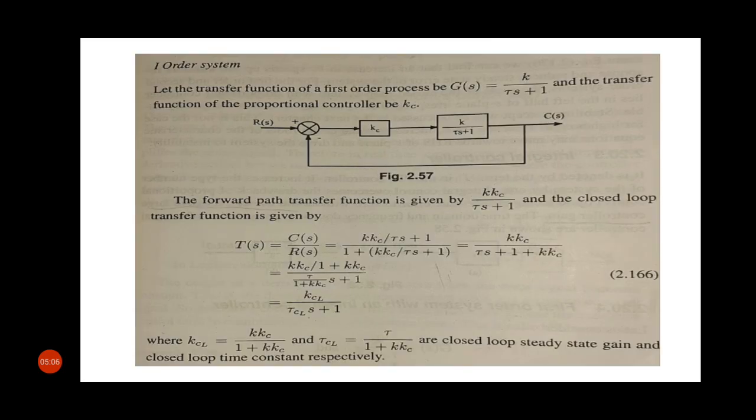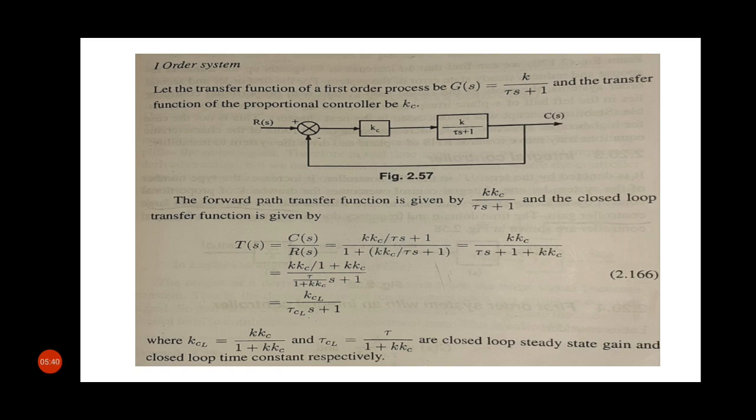So if we take a first order system, let the transfer function of a first order process be G(s) equal to K by tau s plus 1, and the transfer function of the proportional controller be Kc. Okay, so see, the forward path transfer function is given by K Kc by tau s plus 1, and the closed loop transfer function is T(s) equal to K Kc divided by tau s plus 1 plus K Kc.